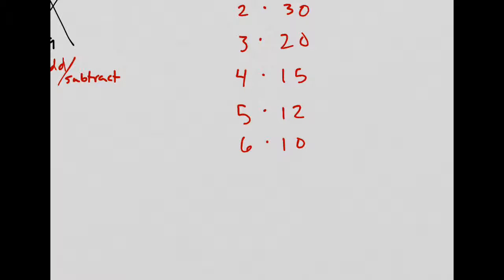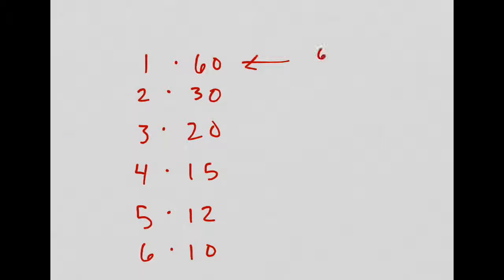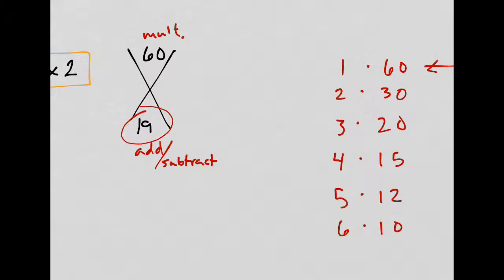7, no. 8, 60 divided by 8 equals 7.5, nope. I'm trying 9 in my calculator, no. 10, oh, 10 we already have, 10 times 6. Okay, cool. This adds to 61, or subtracts to 59. Are those anything I want? No, I want a 19.